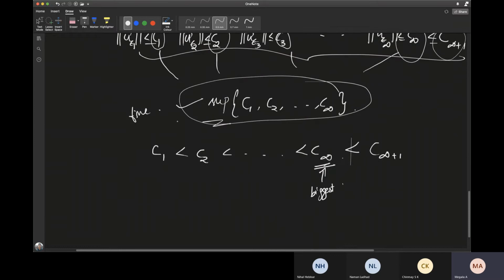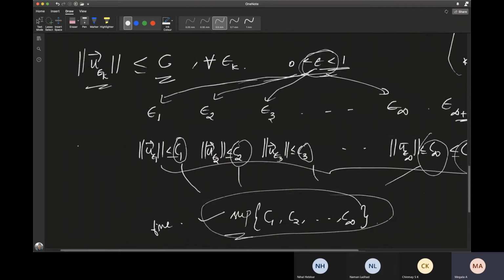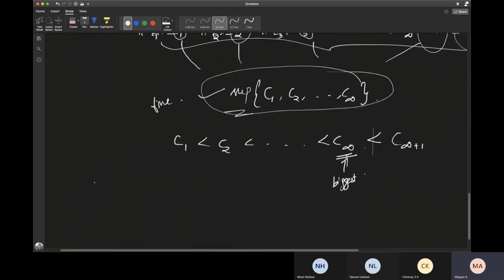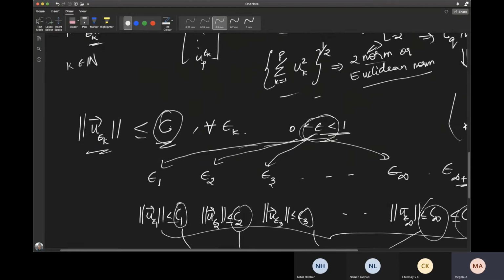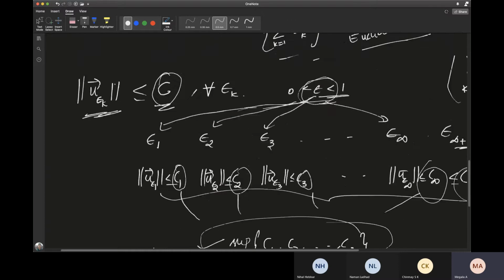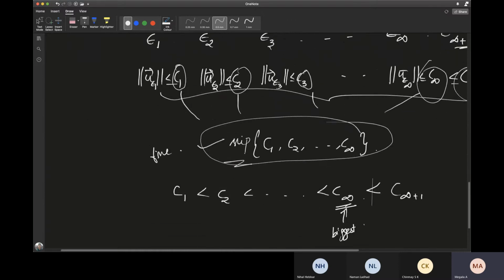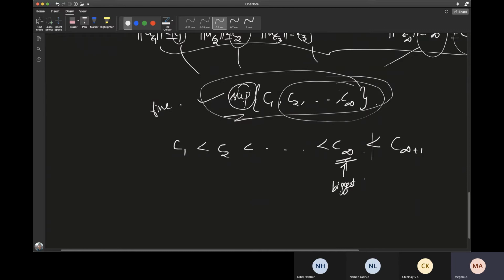That is why we put a condition: we say that it's possible to find a common bound for all epsilon. Let's call the supremum of all the bounds some m.